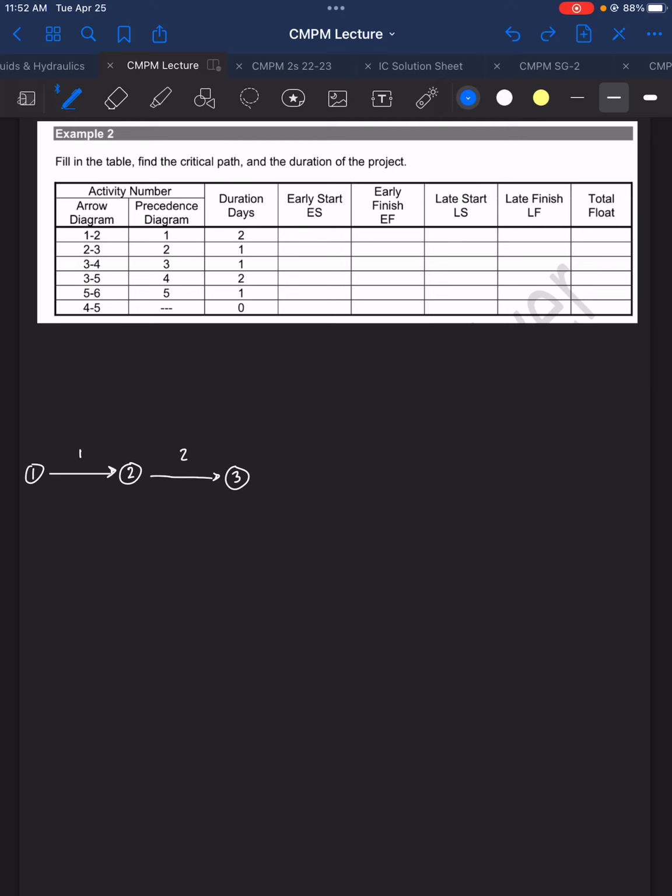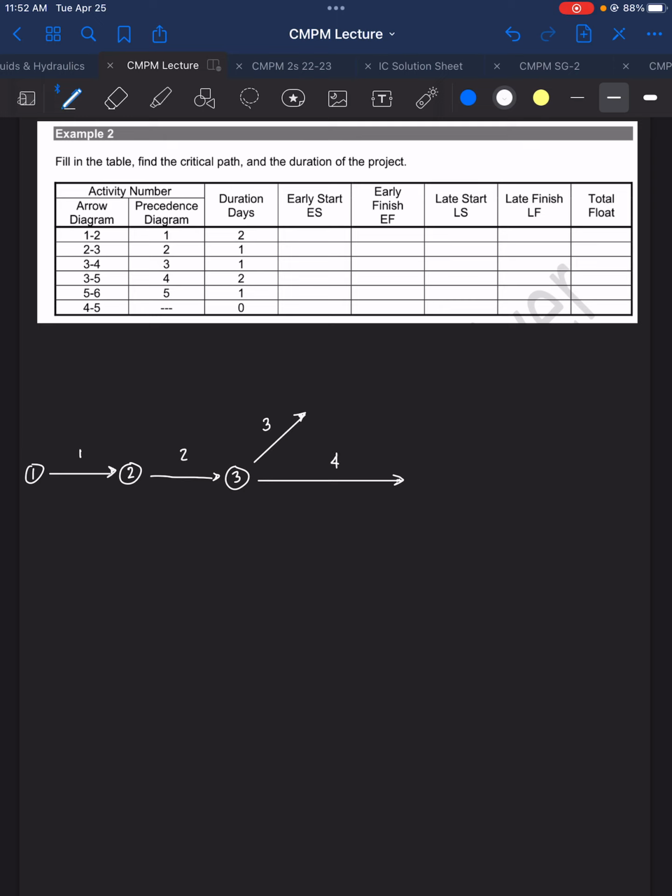That means we are going to see 2 arrows from node 3. So I will put here the other one, and this one is the other arrow. Let's name this activity 3, and this is activity 4.